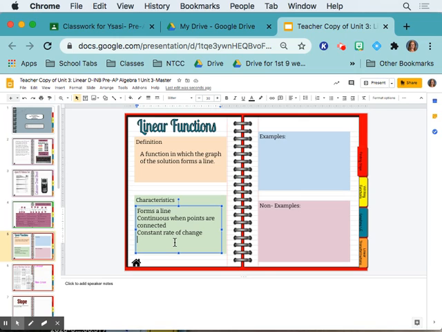When we graph it or we write the equation of the graph, you can have it in two forms. You can have it as y equals mx plus b. I'm going to put equation written as y equals mx plus b, or the standard form, ax plus by equals c.